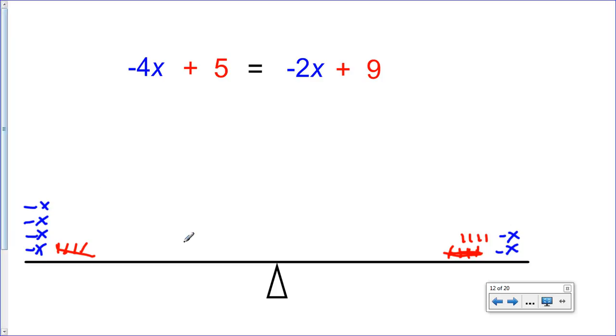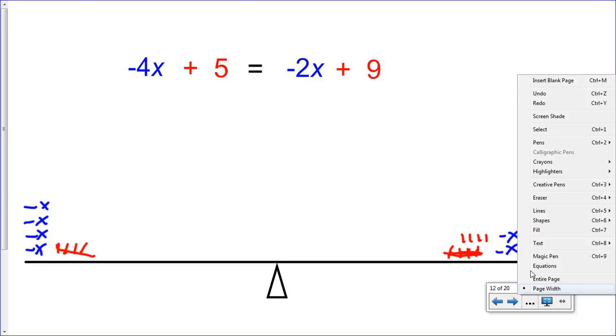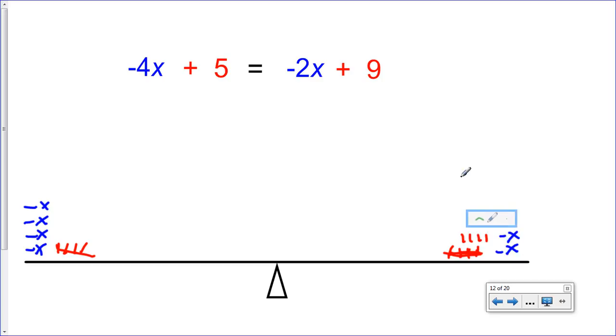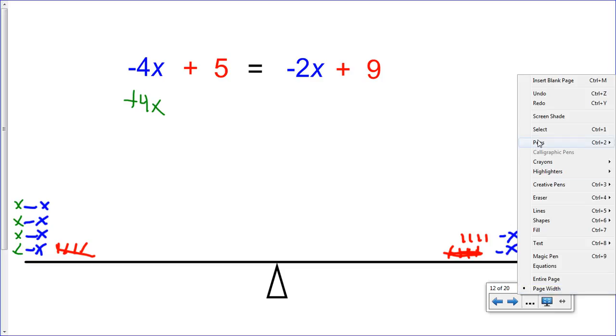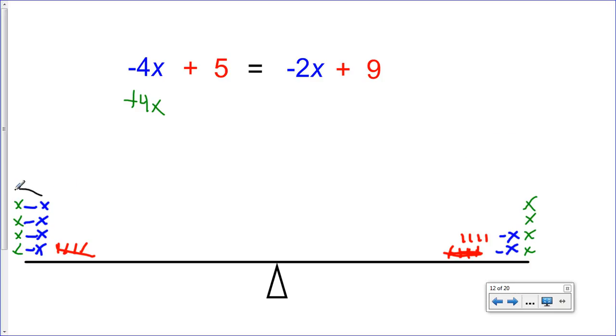Alternatively, we could have canceled all 4 of the negative x's on the left side. We add 4x. But to keep the scale balanced, we're going to have to add 4x on the right also. 1, 2, 3, 4. And that equals 0, inverse property.